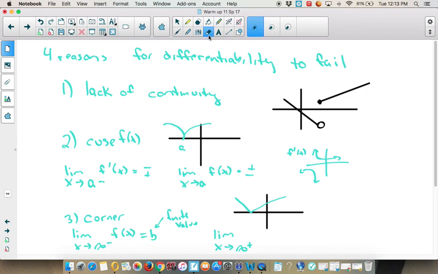It's easier to do this when I'm in class because you guys will catch my mistakes. And then this is as I'm approaching a again. And as I'm approaching a from the left and a from the right, f of x is equal to c, where b does not equal c. Different finite values.